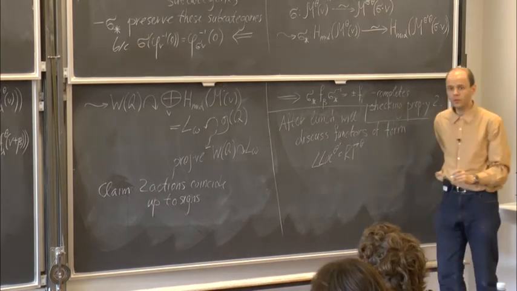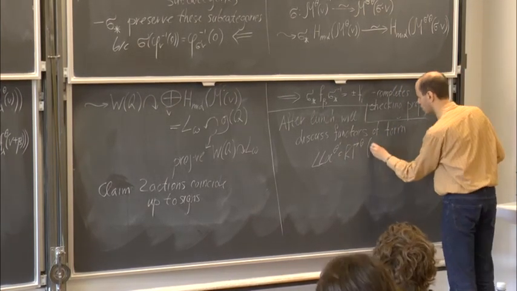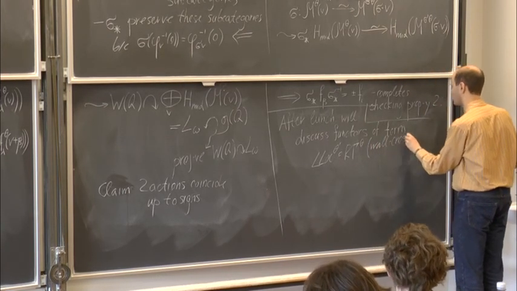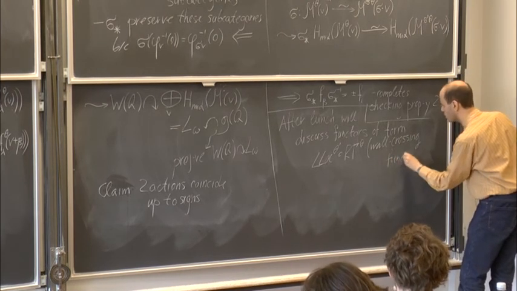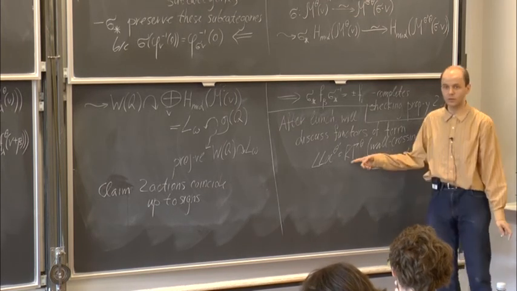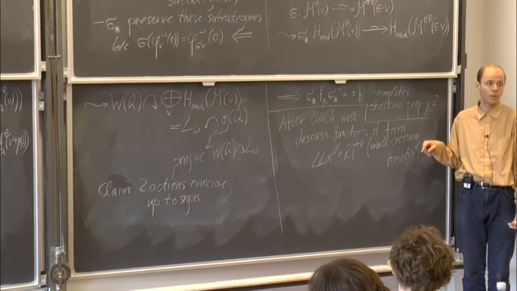So what these functors do, they change the stability condition, and they are called wall crossing functors. The reason why we are going to discuss these functors is that they provide tools to prove the inclusion in the other direction, to prove what is called the upper bound.